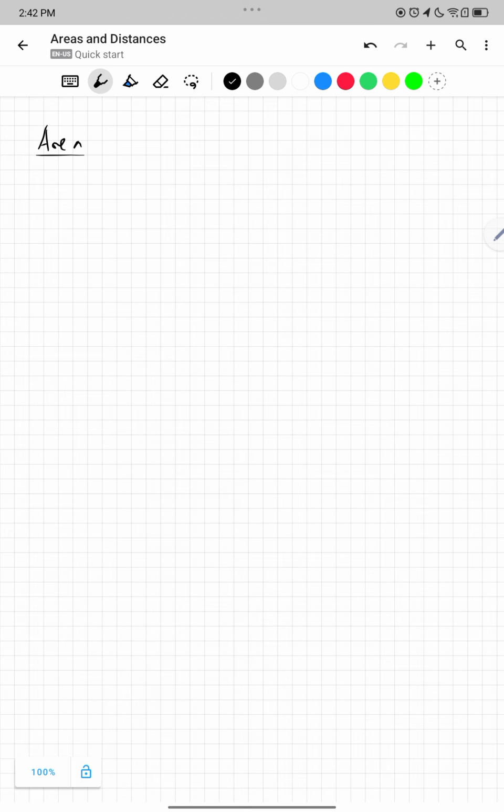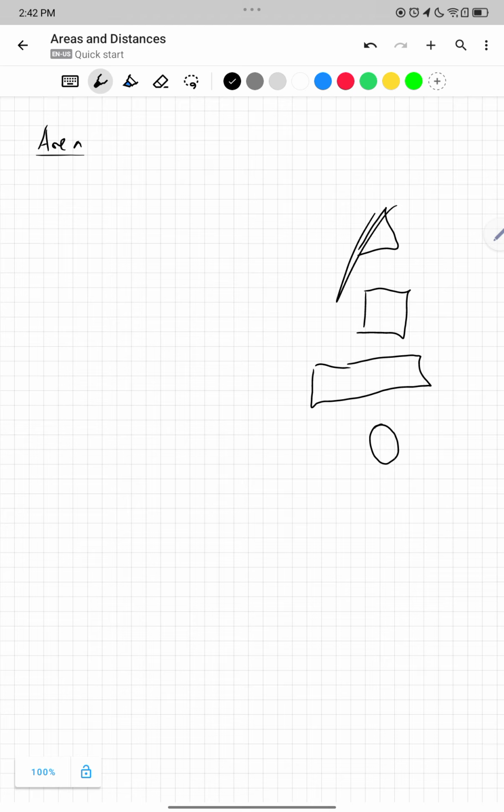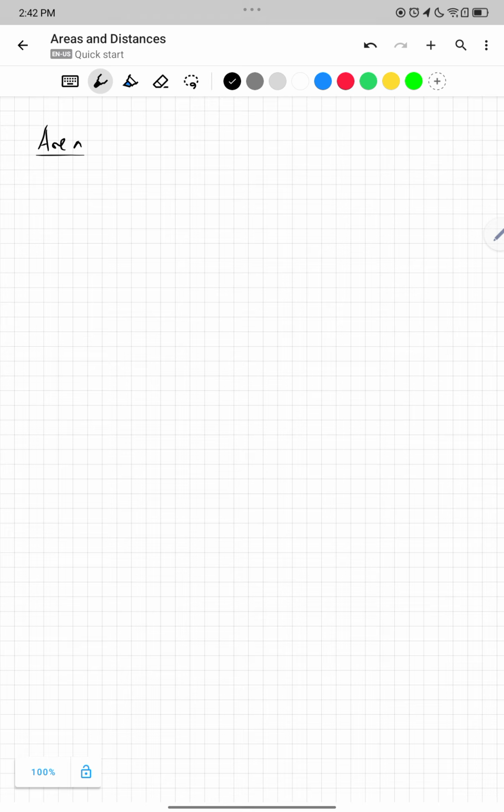So that's like this, or this, or this, or this. So a two-dimensional object with a fixed boundary, basically.